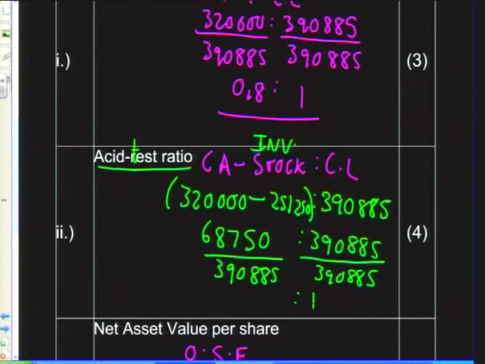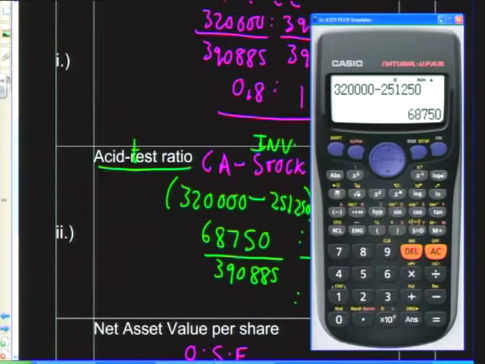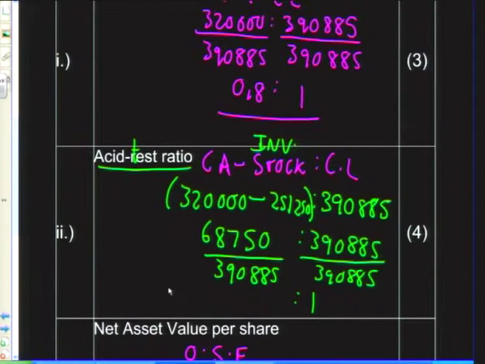And here I'm getting 1. Let's get the calculator out again. Okay, so I've got that figure already, divided by 390,885, and I'm getting a ratio of 0.17, or if we round off, 0.2 is to 1.